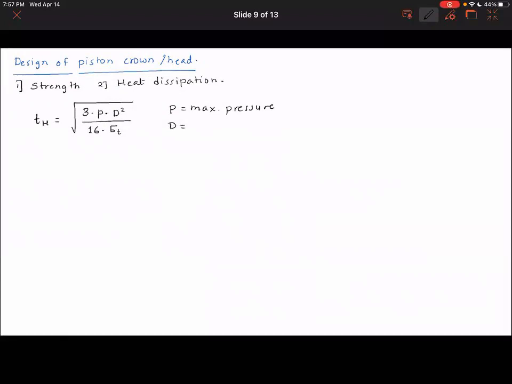D is equal to the bore diameter. Sigma T is the tensile strength.